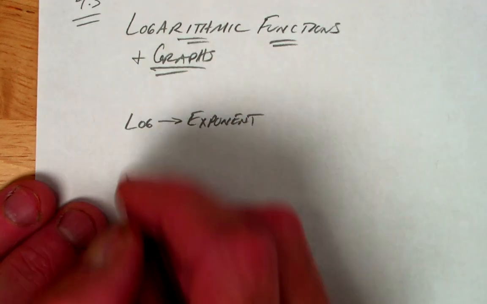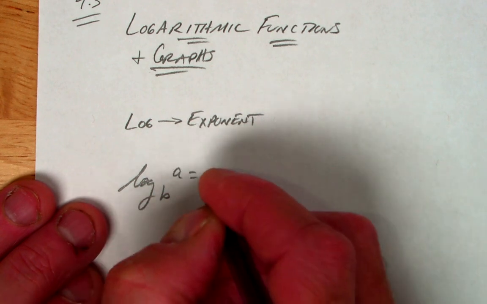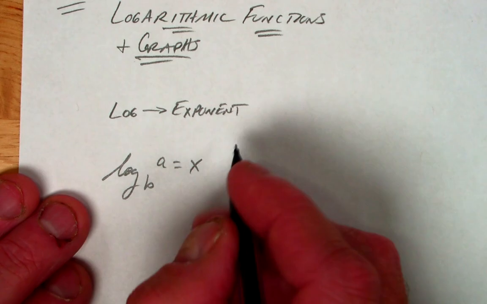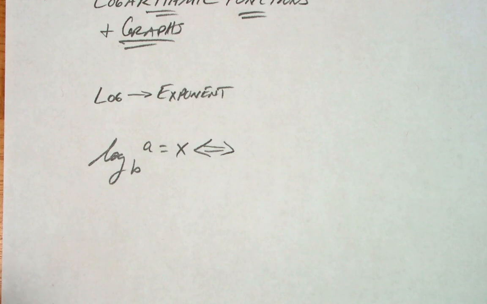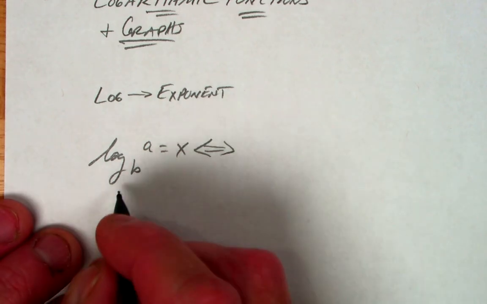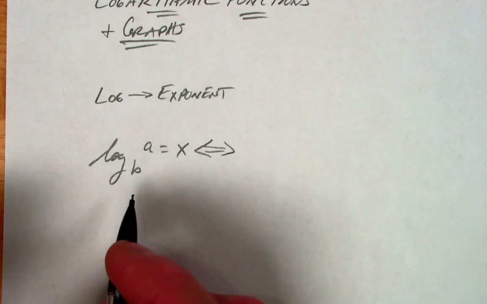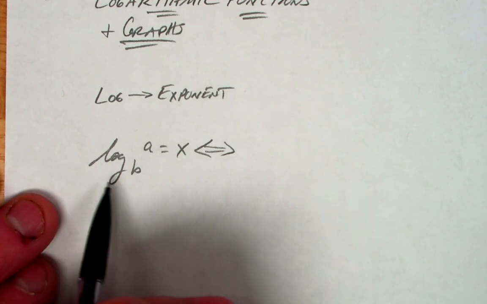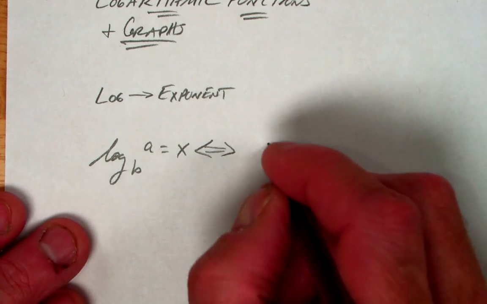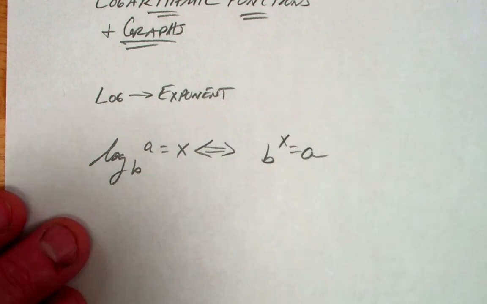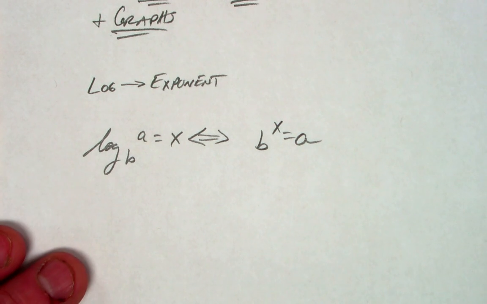If I have the expression log base b of a equals x, we need to be able to go back and forth between log form and exponent form. This means b to the x is equal to a.